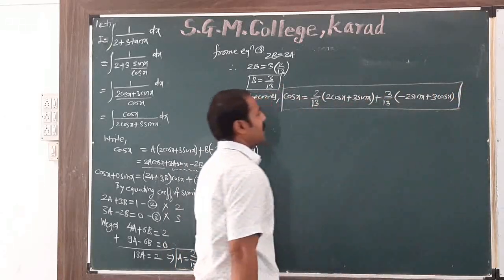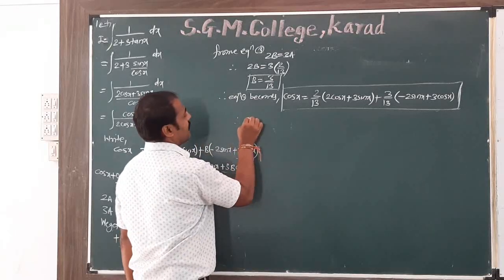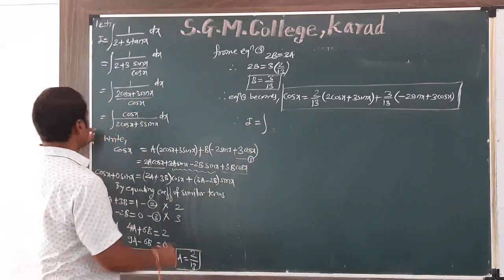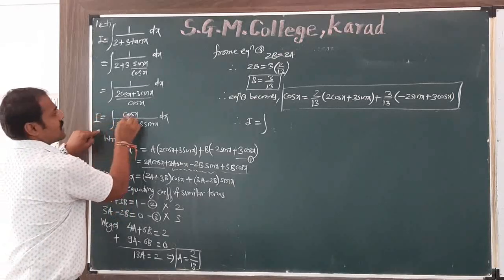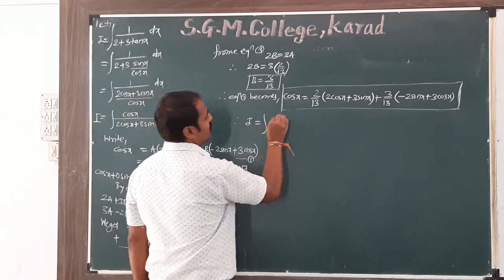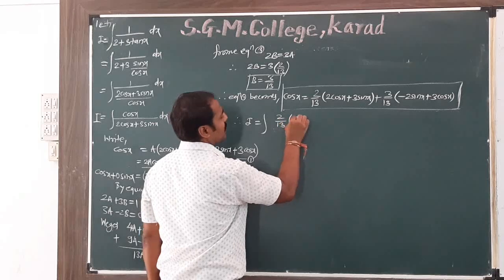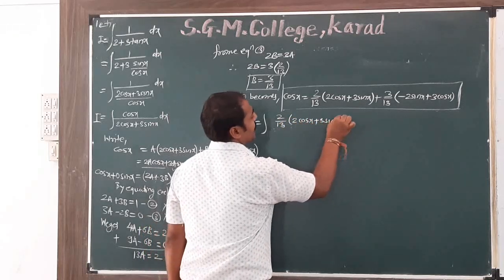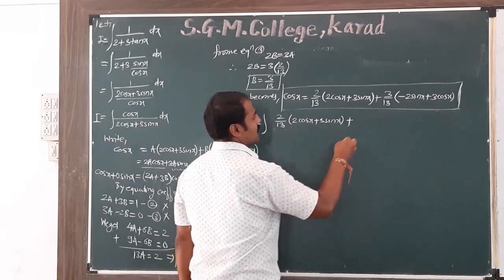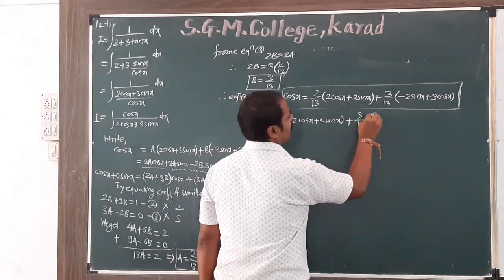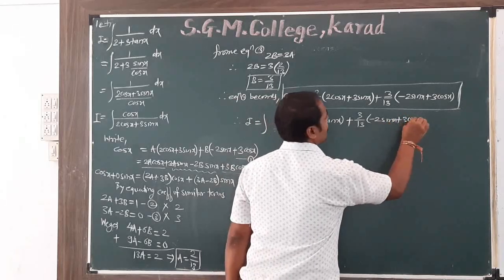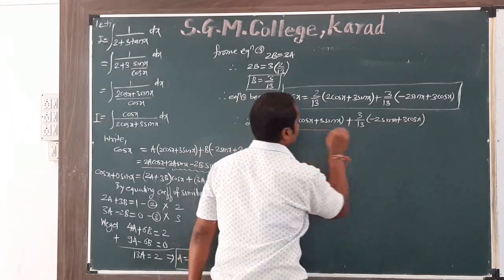By putting the values of a and b, the integration becomes I is equal to, instead of cos x, we write 2 divided by 13 into 2 cos x plus 3 sin x plus 3 divided by 13 into minus 2 sin x plus 3 cos x, divided by the denominator as it is.